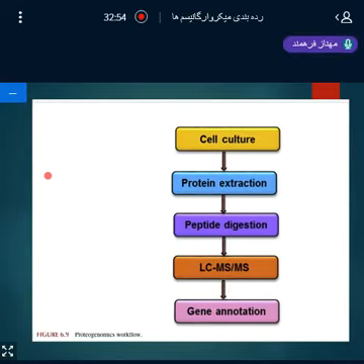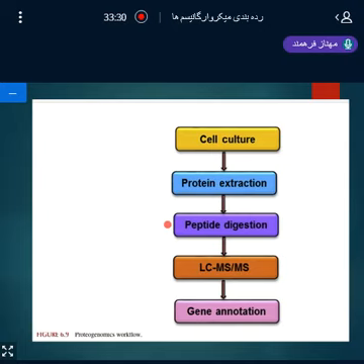Okay, now in this flow chart, you can see the Proteogenomics Workflow. The first step is cell culture, because we want to extract the protein, so we must culture the cell. The next step is protein extraction, and then peptide digestion.